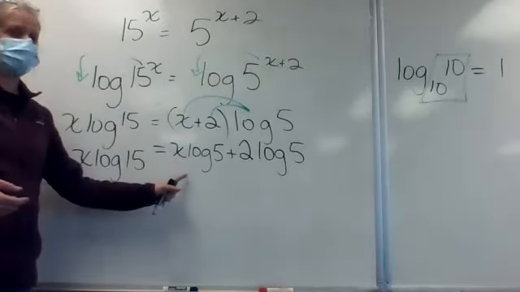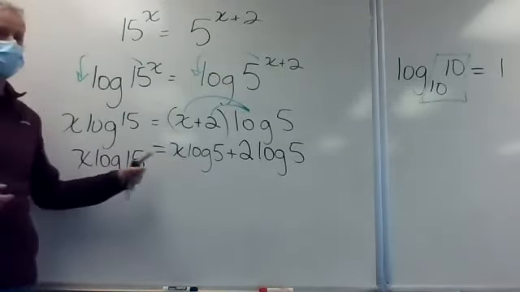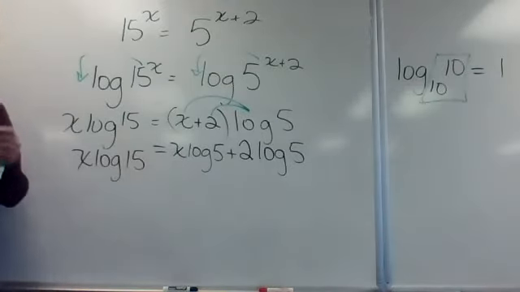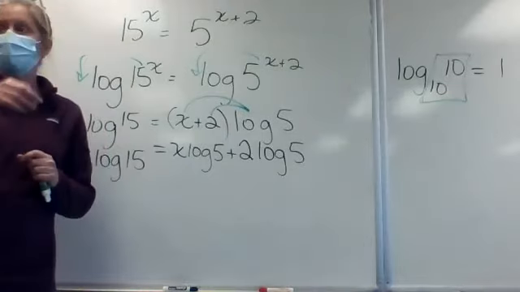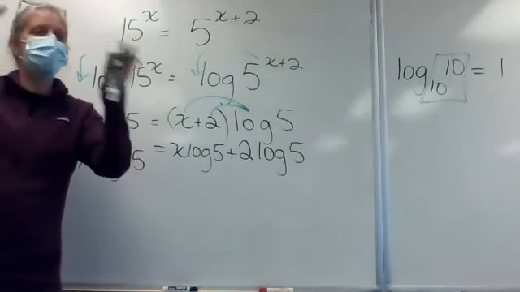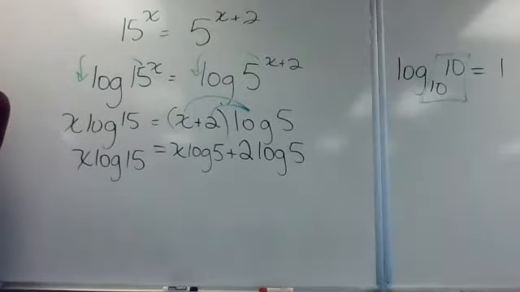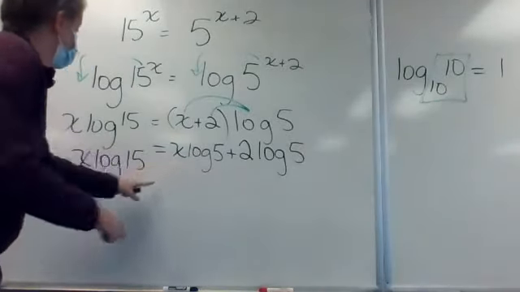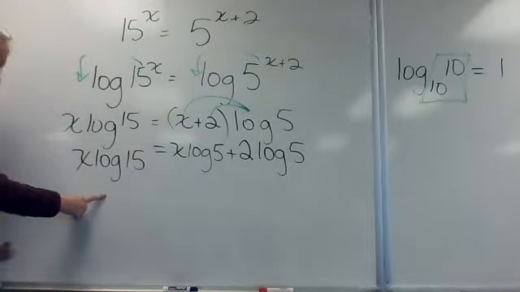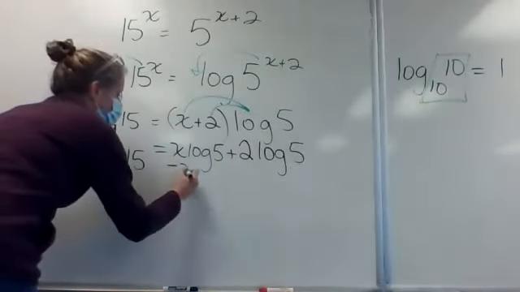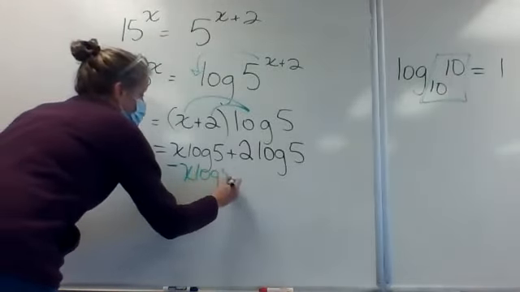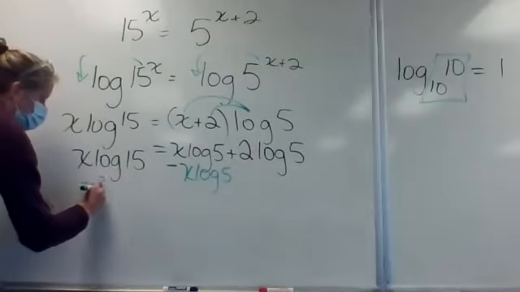But I do want to have the terms that have the x's in them on the same side, because I'm going to use that same rule. If I put my x's on the same side, then I'm going to pull that x out. So I'm going to move this x term over here with this one. So I'm going to subtract x log 5 from both sides.